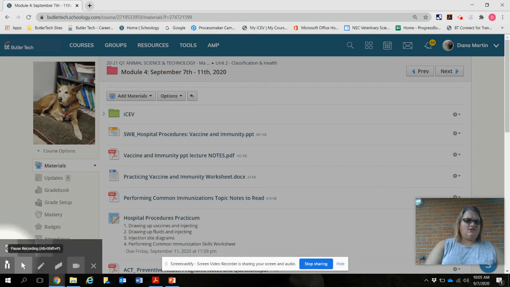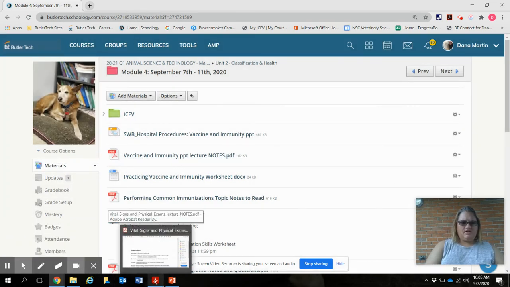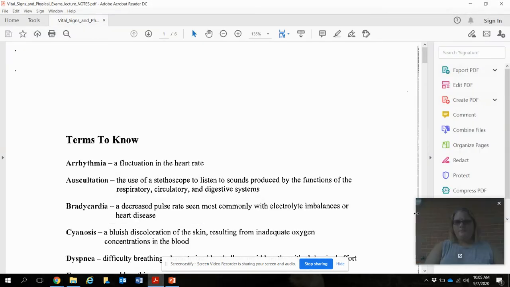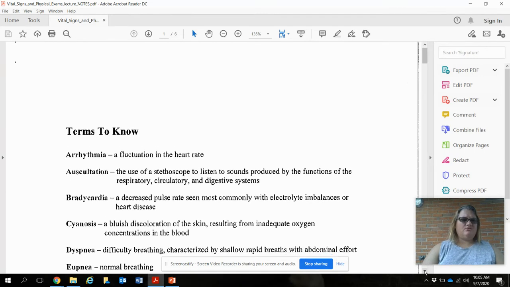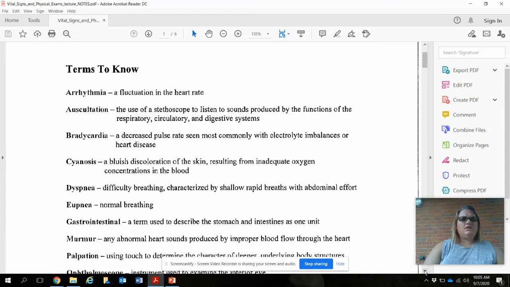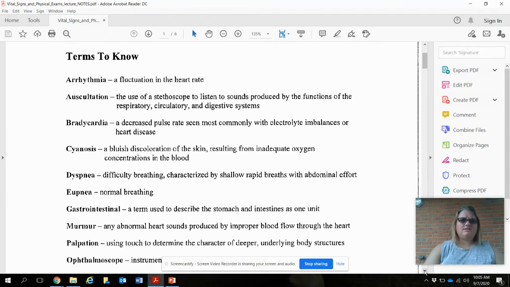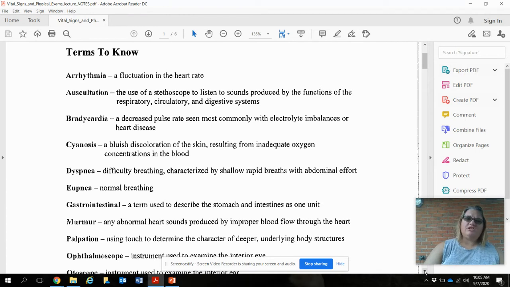All right, let's go over the notes first before we begin. I have a copy right here. Here are some terms to know. We always start out with a few terms to know. Those are arrhythmia, a fluctuation in the heart rate; auscultation, that's to listen to something like the respiratory system, the cardiovascular system, or the digestive system with gut sounds.